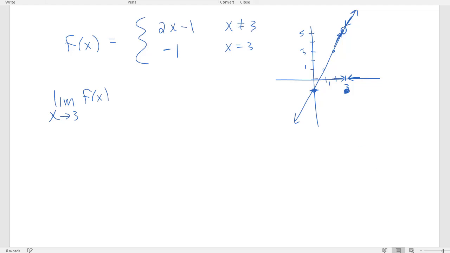Within the limit process, we're not letting x equal 3. If we let x equal 3, the y value is negative 1. But we're getting closer and closer to 3, and our y value is 5. So in the prior section, we would just plug 3 into the equation, and we would see 6 minus 1 equals 5. That's our limit value for this particular example.